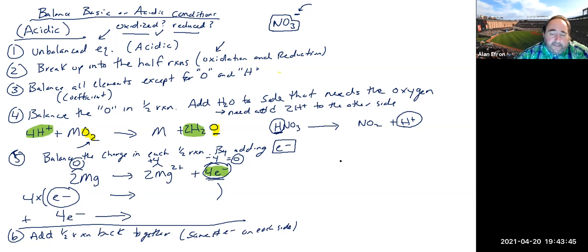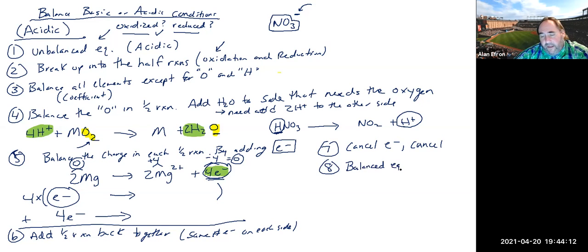At this point, you would cancel the electrons, cancel anything else that may cancel out. So you may have maybe like a water on one side that cancels with 2 waters on the other side. You may either cancel out or reduce down. And if you do all that properly, at that point, that will then give you the balanced equation in acidic conditions.